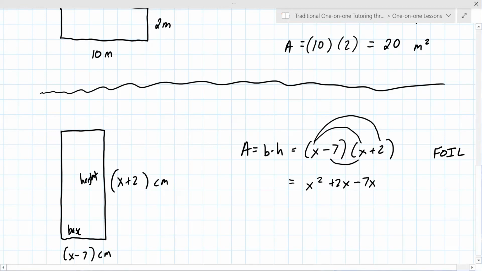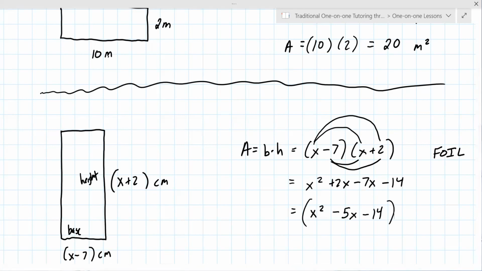And then how about -7 times 2? -14. Very good. So this is x squared. 2x minus 7x is minus 5x. Is this like order of operations? No, it's FOIL. It's a method of multiplying binomials.